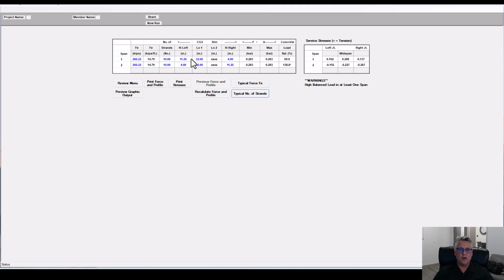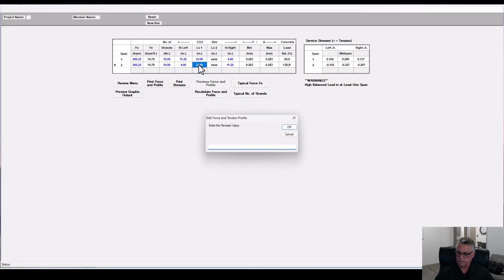This is fully draped. All of these numbers are from the top. There's a reference point in PT Data that you usually place at the top of the beam. Some beams can step, some can do something different, so that's why you have to start with a reference point, and everything's measured from that.